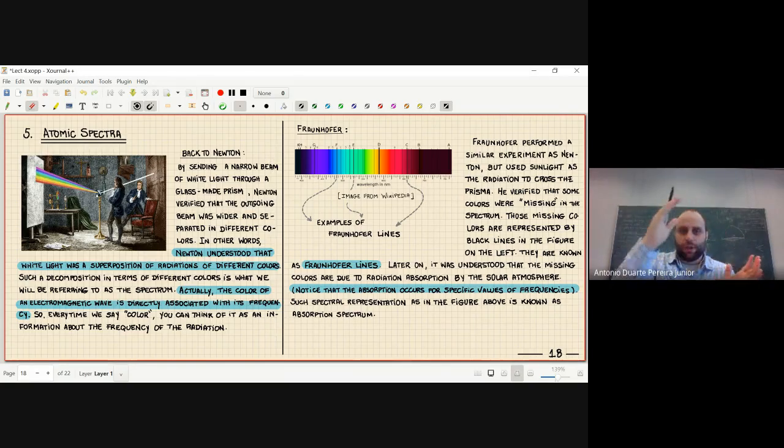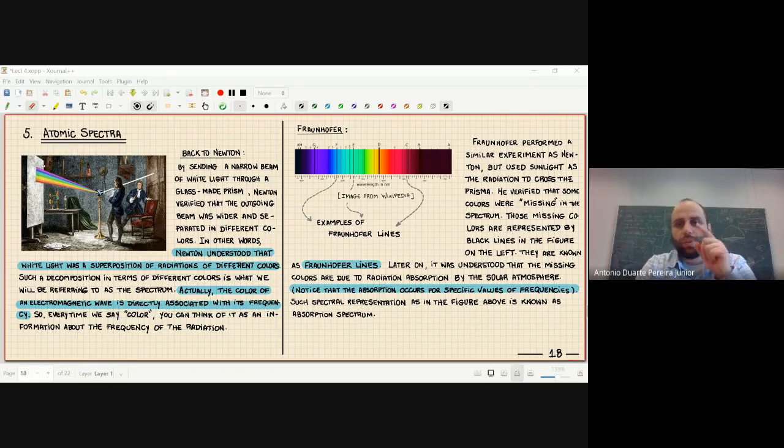So it becomes a wider beam, and also made of several different colors. So when you pass the white light through the prism, it opens up and you see different colors. Actually, you see the colors of the rainbow. So you can detect colors from reddish to violet.